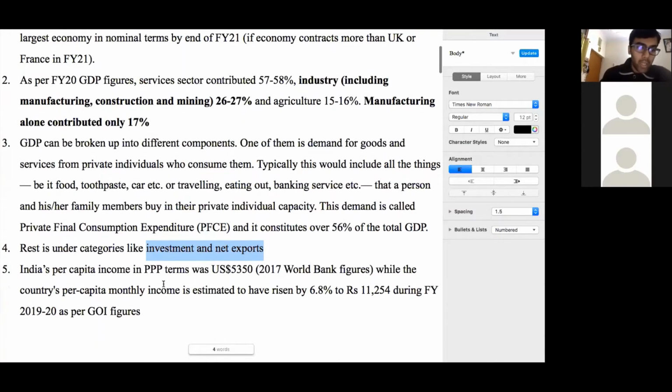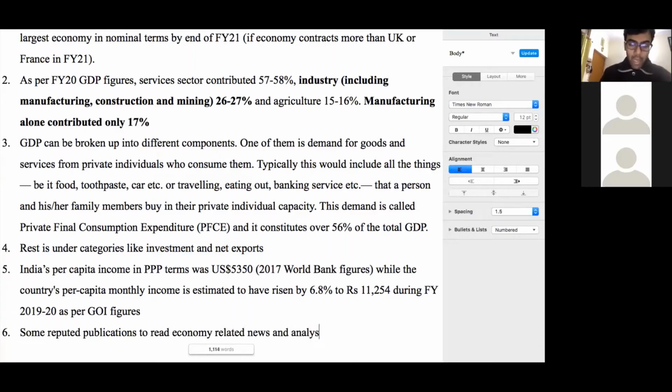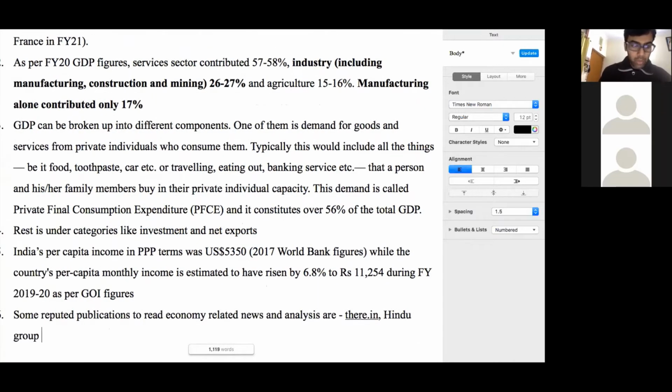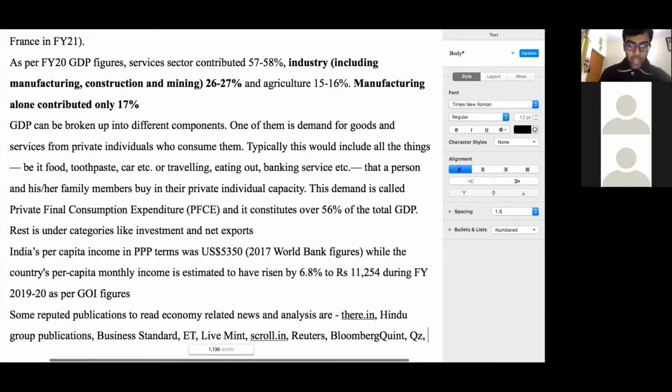These are some of the reputed publications to read economy related news and analysis: wire.in, Hindu group publications, Business Standard, ET, Live Mint, Scroll.in, then Reuters, Bloomberg Quint, QZ.